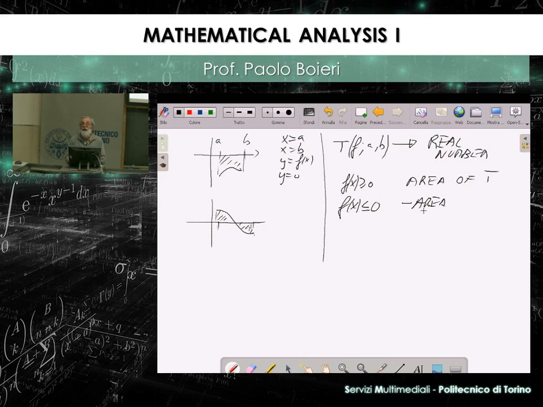Remember that the geometric area is always a positive number. And if the function has different signs, we will see in a further step what the meaning of this number will be.